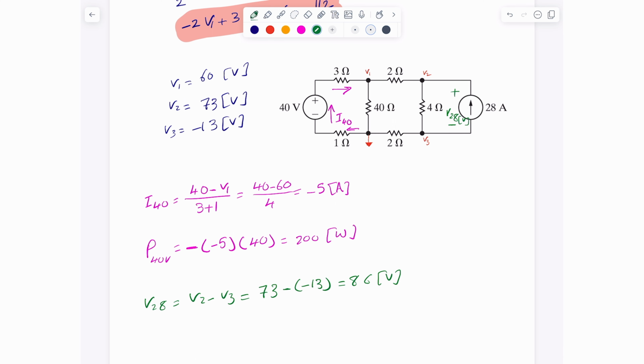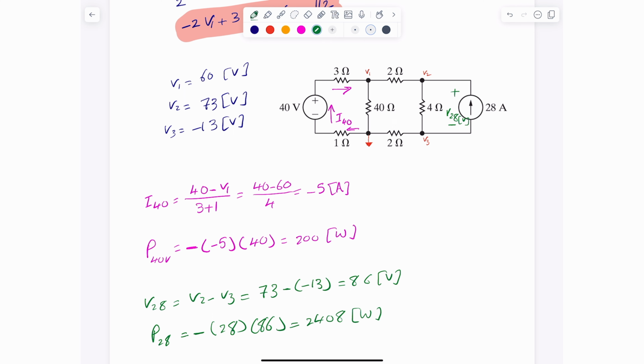So as it turns out, my assumption in here is correct, and this voltage is higher than this voltage, which sort of makes sense because this is higher than this voltage and this is lower than this voltage. So in totality, this is higher, and it's specifically 86 volts higher. Now we can compute the power for the 28 amps. We have the current hitting the negative first, so it's negative based on the passive sign convention, and the current going through it is 28 times the voltage, which is 86, and that basically is 2408 watts.